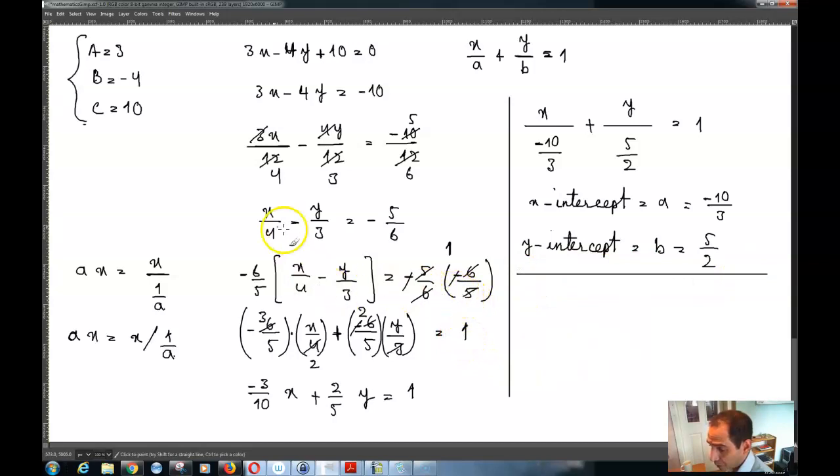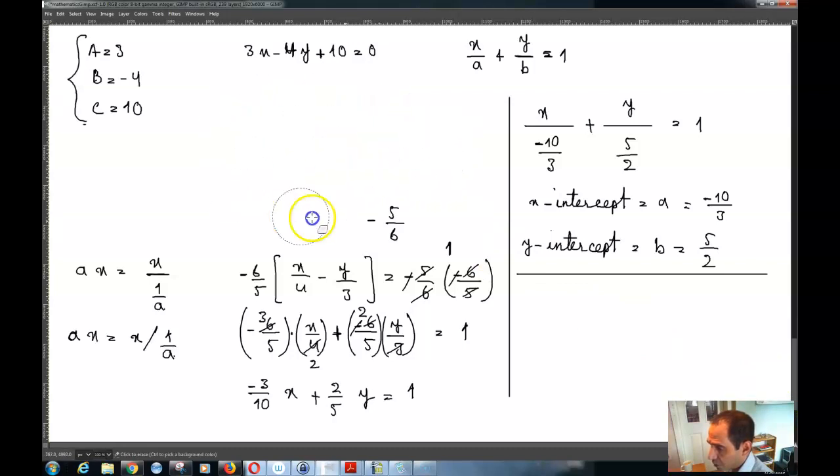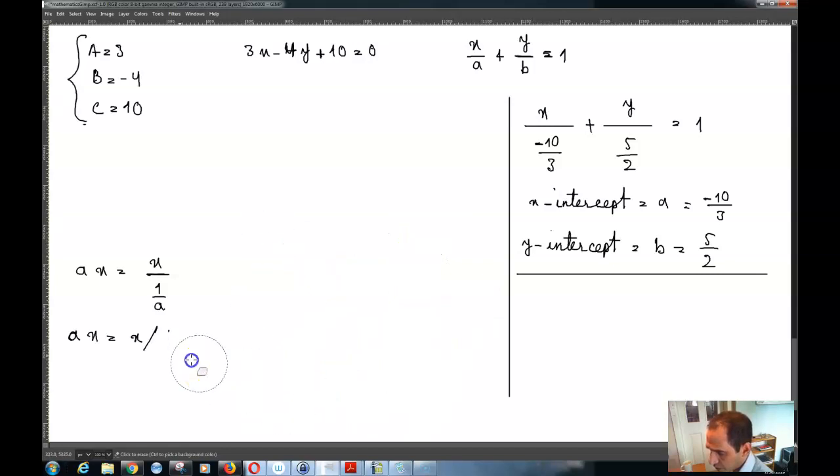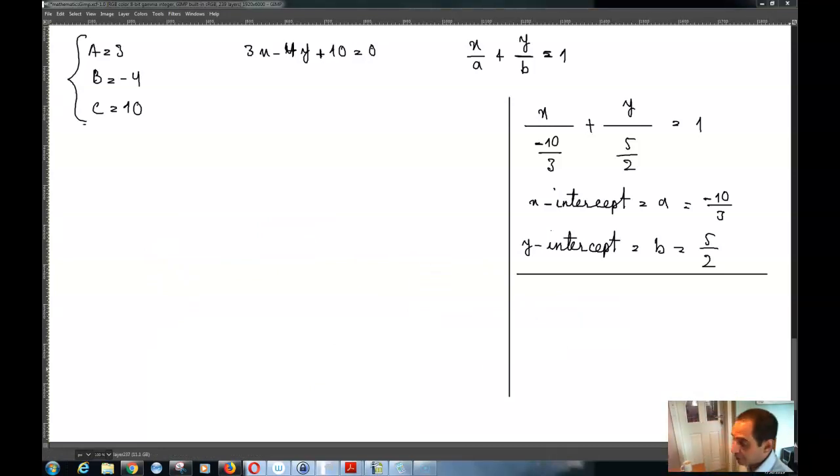Now, if on the other hand you want to use the formula that we derived in the previous stages, we said that the formula was basically the intercept form.